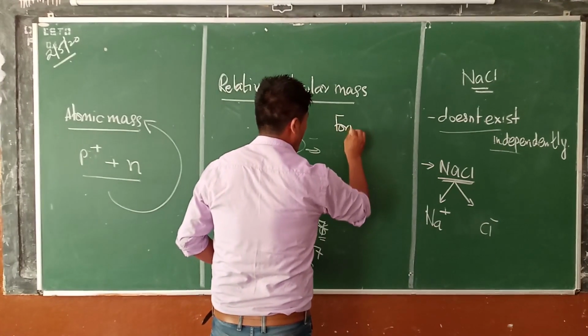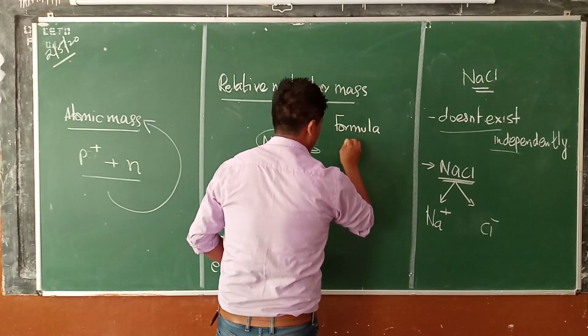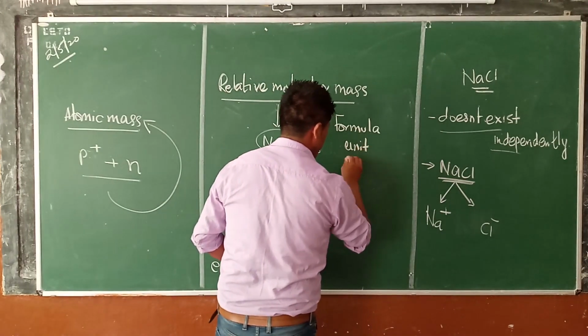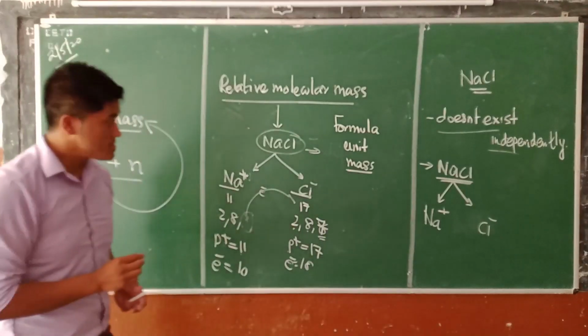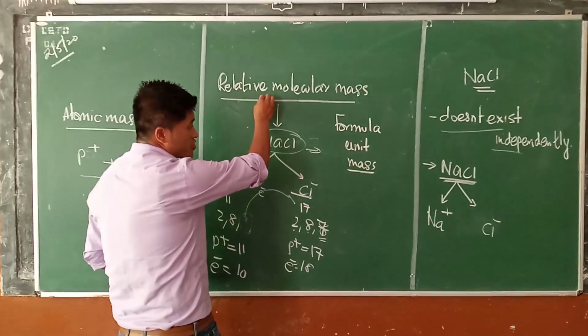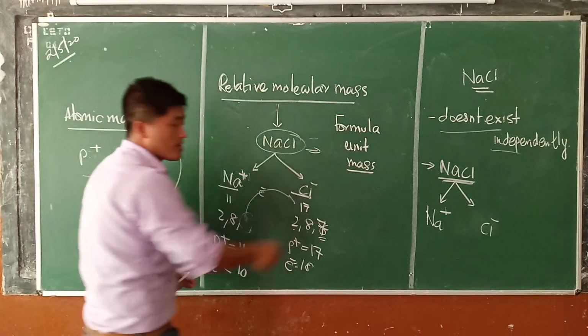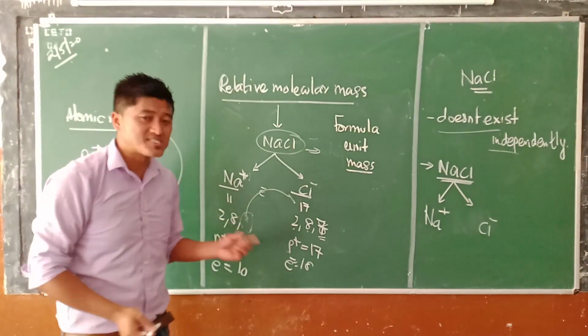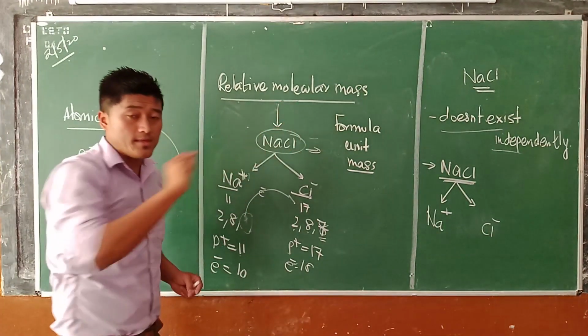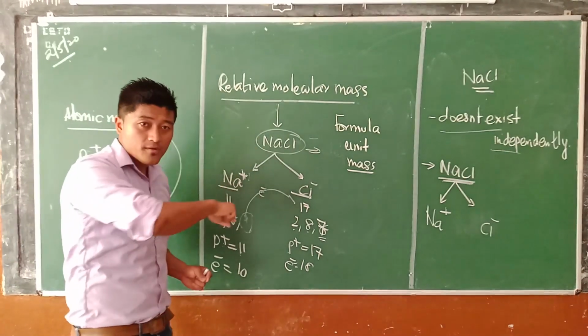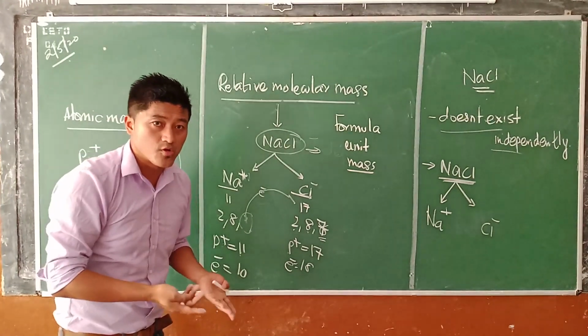Formula unit mass. Is that clear? Relative molecular mass and formula unit mass somehow have the same kind of values. But are they different? Yes. How are they different? In the usage of the two.